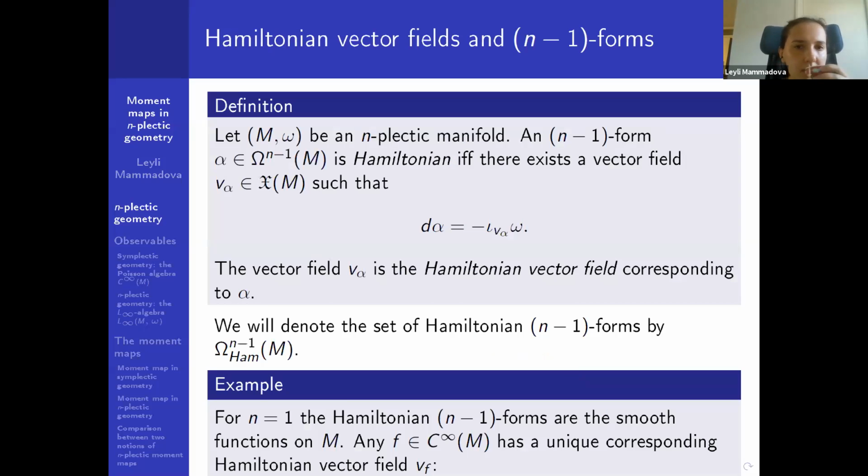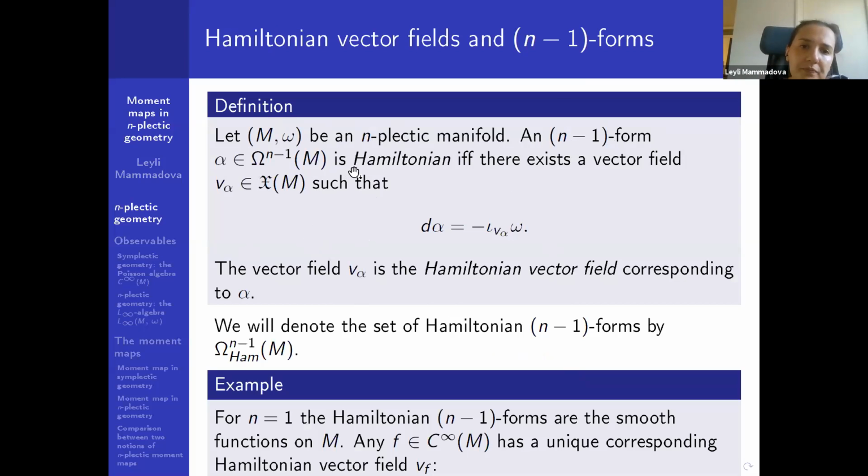Okay. Now the next notion that's very important is the notion of Hamiltonian objects. So Hamiltonian n-1 forms and Hamiltonian vector fields. Let's look at the definition. So let's say we are on an n-plectic manifold.